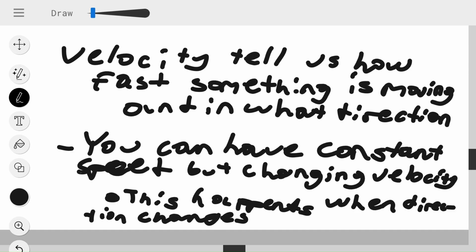So just to recap, velocity tells us how fast something is moving and in what direction. You can have constant speed but changing velocity. This can happen when direction changes.